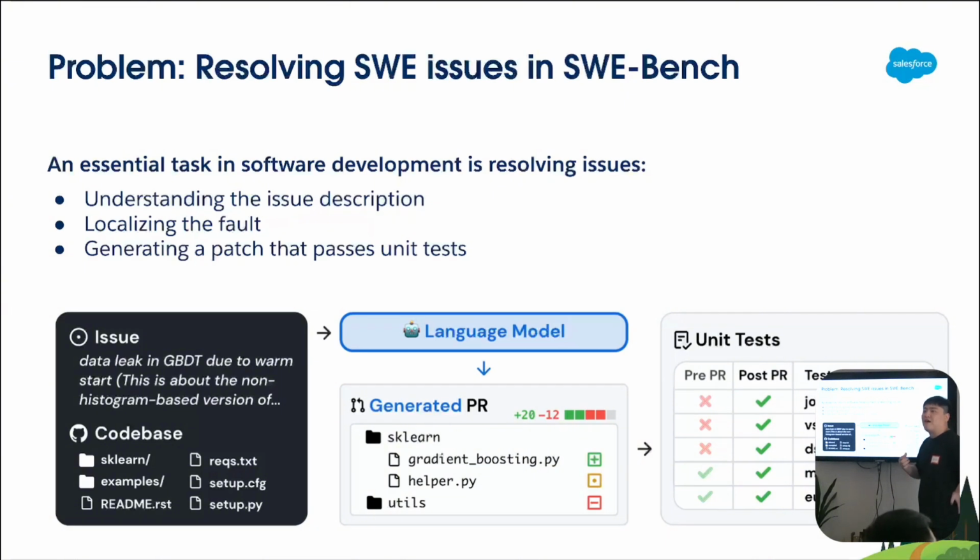We call it diff hunks, and then there are ground truth tests written in the benchmark to test whether these PRs can pass those unit tests or not. If they pass all the unit tests, then you earn 1 score on the benchmark. The input is an issue, the output is a PR, and it is evaluated by the ground truth golden unit tests. Cool.